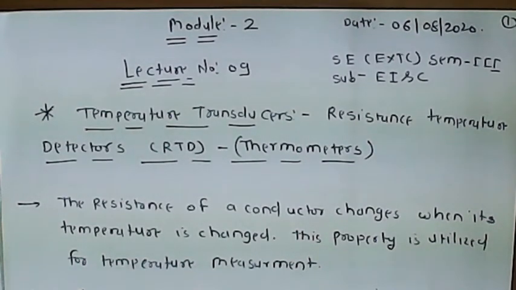So first, the temperature transducer is the resistance temperature detector, that is RTD, commonly known as a thermometer. The resistance temperature detector works on the basis that when the temperature changes, the change in resistance of that material is measured. So the resistance of a conductor changes when its temperature is changed.